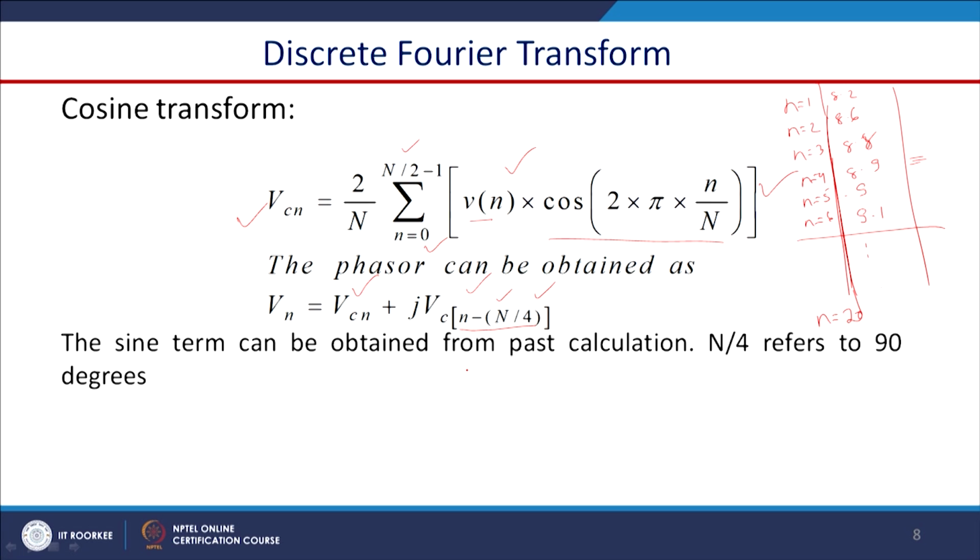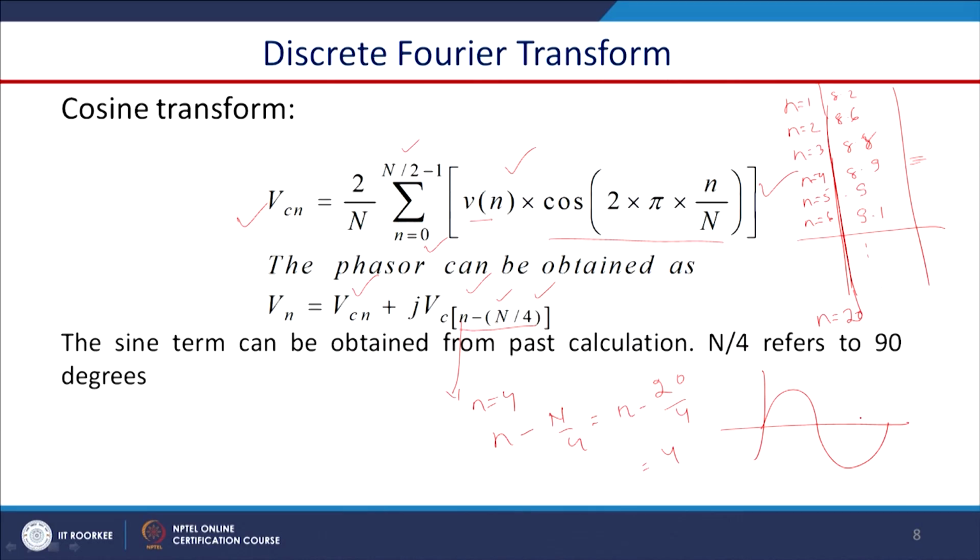From where should I start? Here n is equal to 4, and n minus n by 4 means small n minus 20 divided by 4, that is 4. The number of samples I have is 20 by 4, so I have to move back 4 points before the fifth point. N by 4 means the fifth point, here it is.